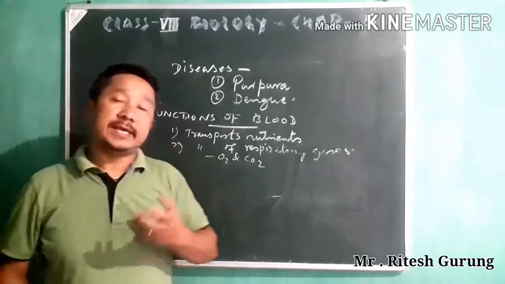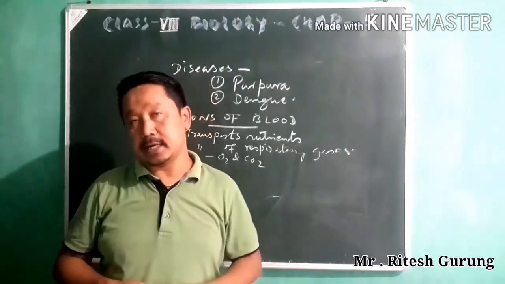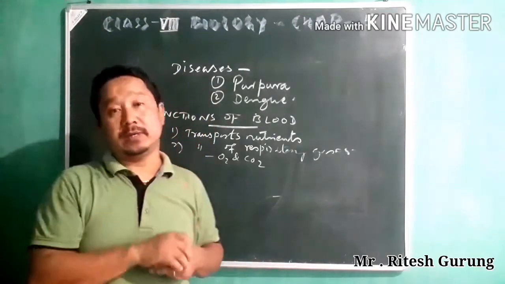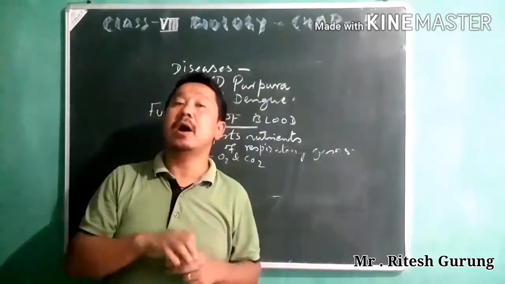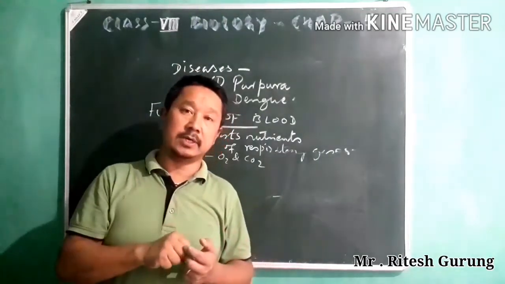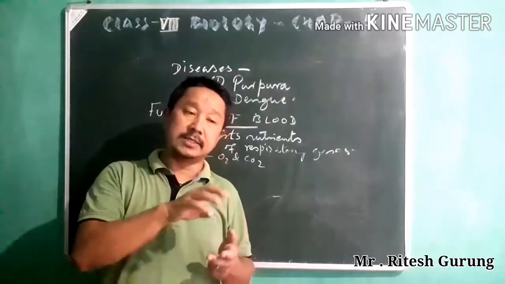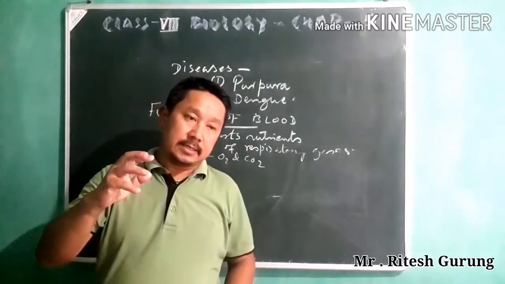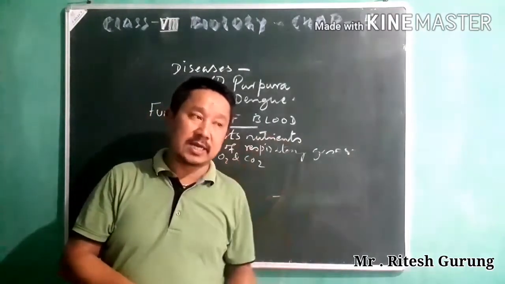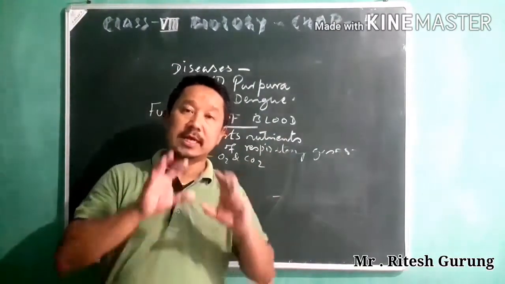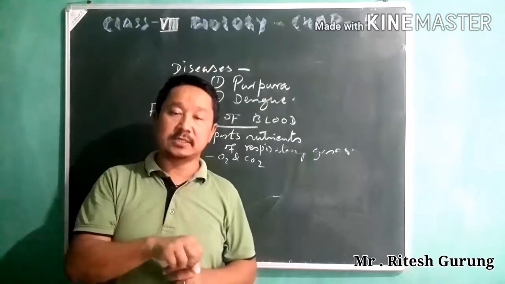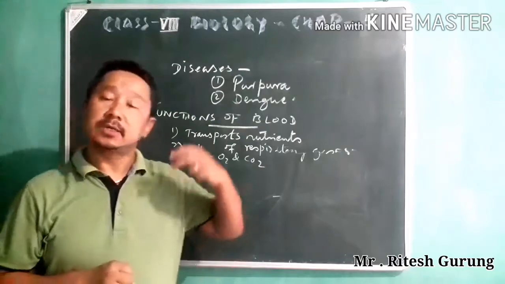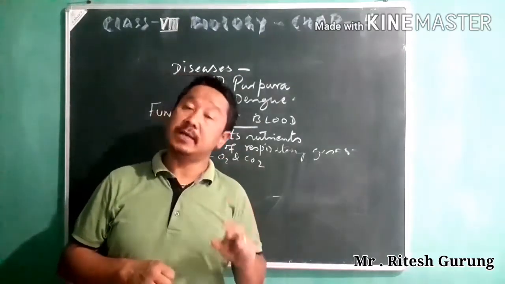When we inhale the air, the hemoglobin present in RBC picks up oxygen only, there in the lungs, and from the lungs it is transported to all the living cells. In the cells, when that oxygen is utilized for the oxidation of food, carbon dioxide is formed. That carbon dioxide is again picked up by hemoglobin and brought back to the lungs, and from the lungs it is thrown out. So this is done by the blood only.